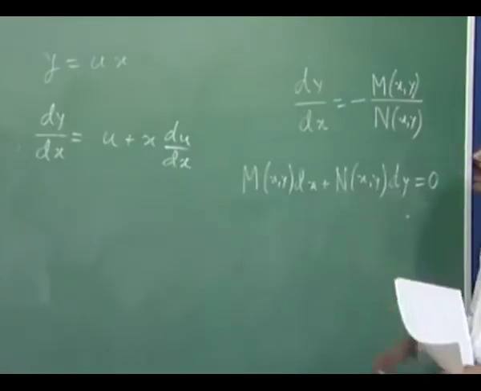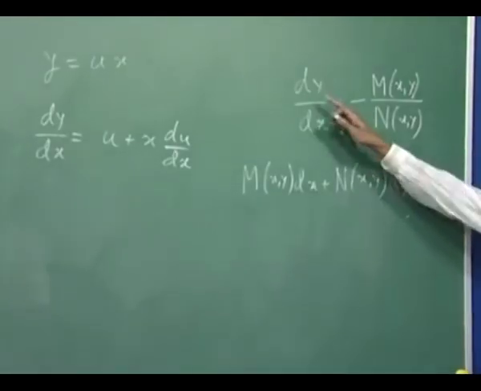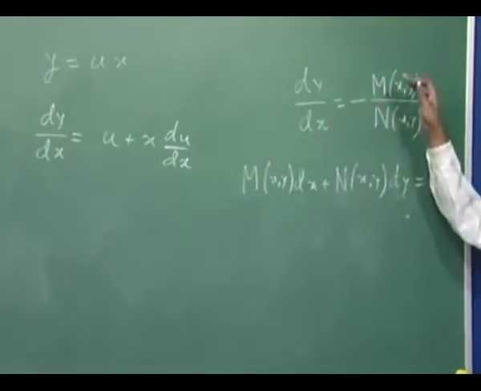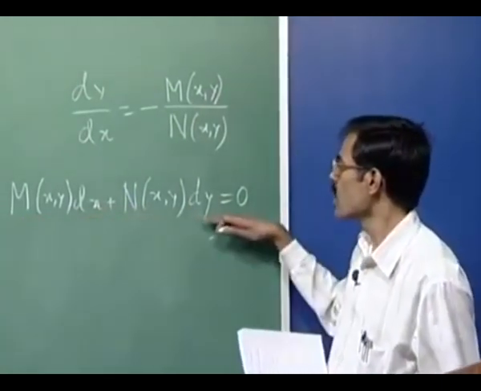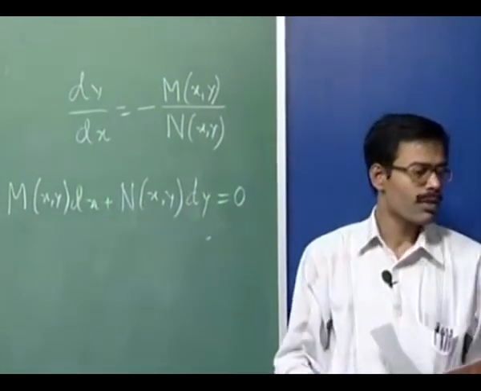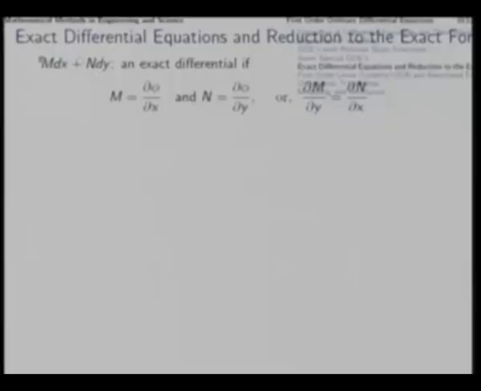So, from here you will be able to see that dy by dx equal to any function of x y can always be organized in this manner, and therefore, that differential equation and this equal to 0, the differential equation that you will get are actually equivalent. So, any first order differential equation can be organized in this manner, that is this differential equal to 0.